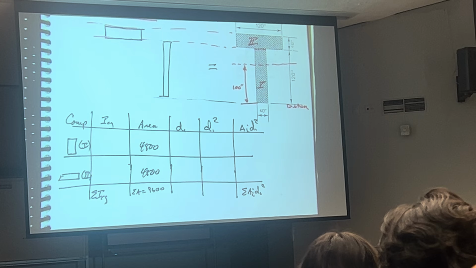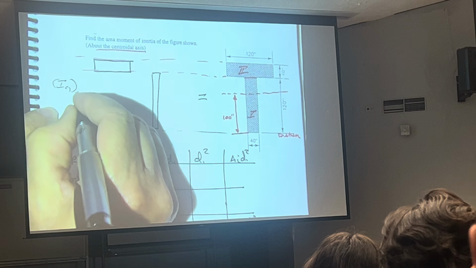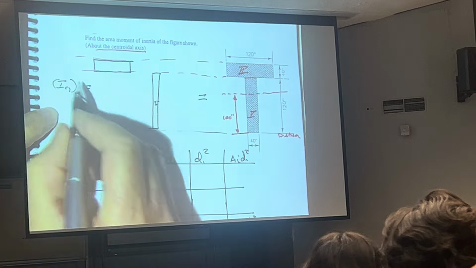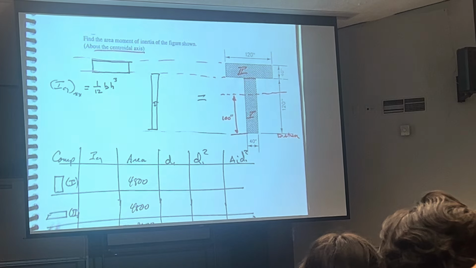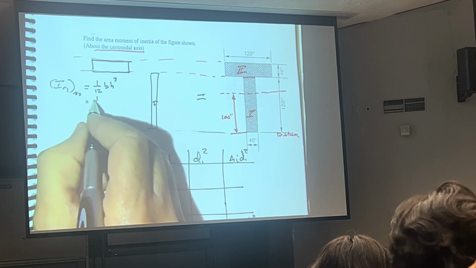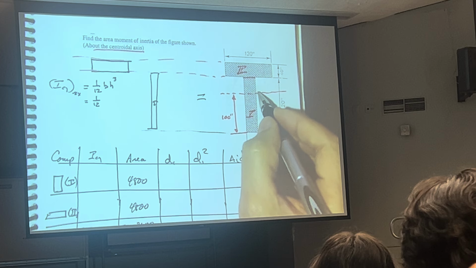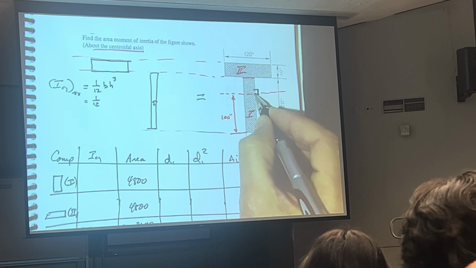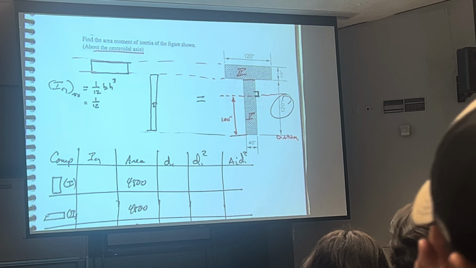I'm going to calculate the I values. So the ICG XX of the first element, that would be this one, 1/12 b h cubed. You can look it up in the formula sheet. That's going to be 1/12 times b. Now remember, what's the perpendicular distance? This is the perpendicular distance right here. Which means I gotta cube the 120.